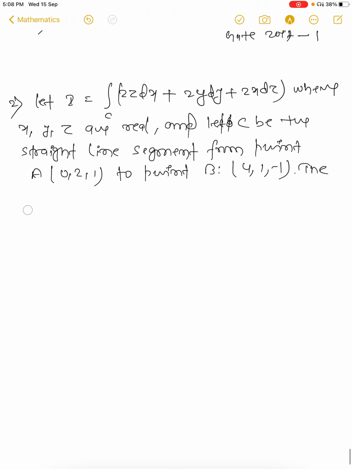The value of I, we have to find out the value of I. This one was asked in GATE 2017 for 2 marks.